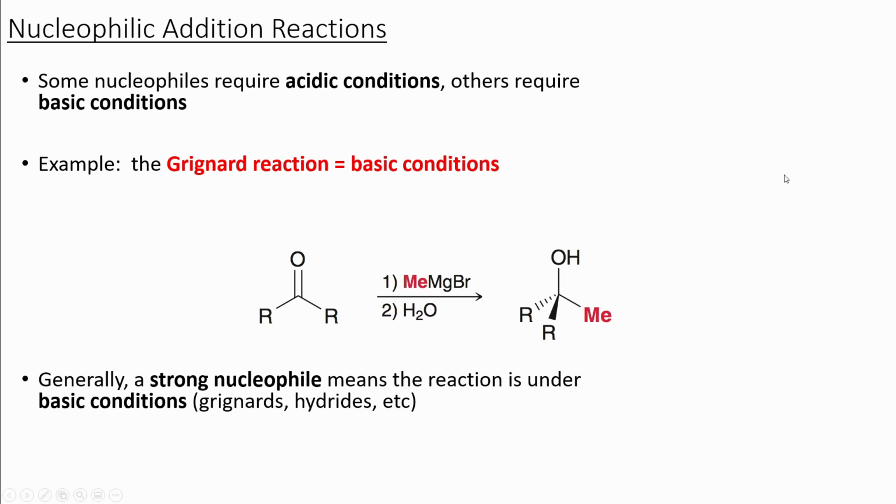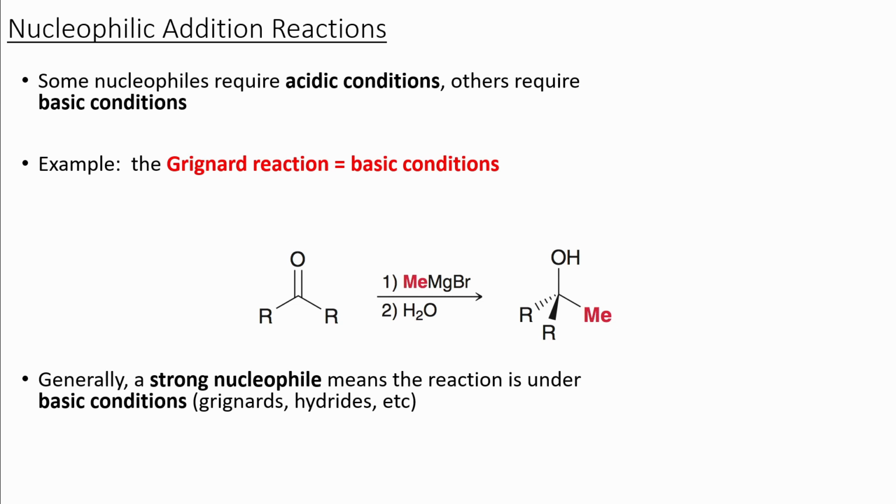In order for a reaction to occur, different nucleophiles are going to require different conditions to be able to react with the electrophilic carbonyl group. Some will require acidic conditions and others will require basic conditions.